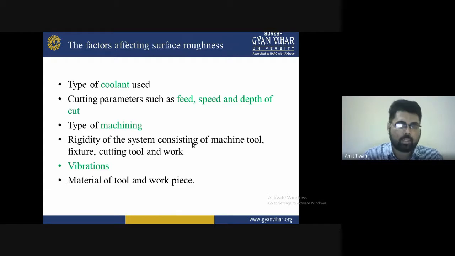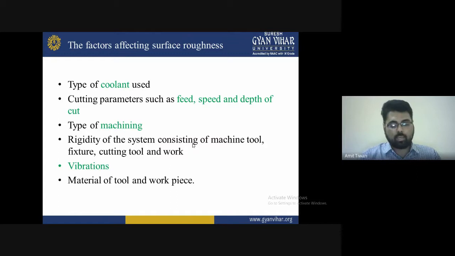Second is the type of coolant; these and other properties are factors affecting it. Last is the material of the tool and the workpiece. The tool and the workpiece material are the most important factor. Do not forget it. First of all, check the workpiece quality. After that, you will check the tool quality, and find out whether the tool is harder than the workpiece or not.